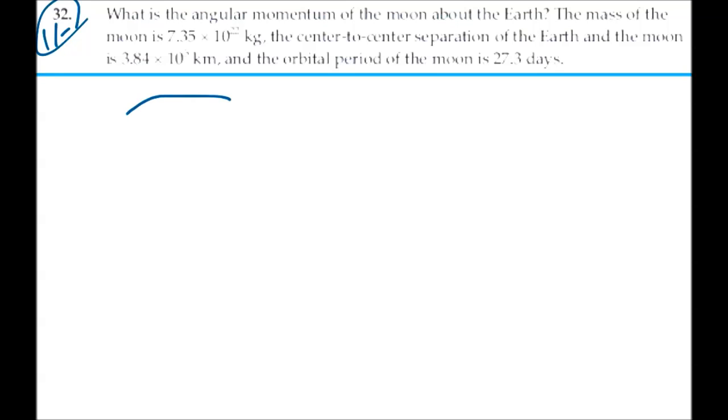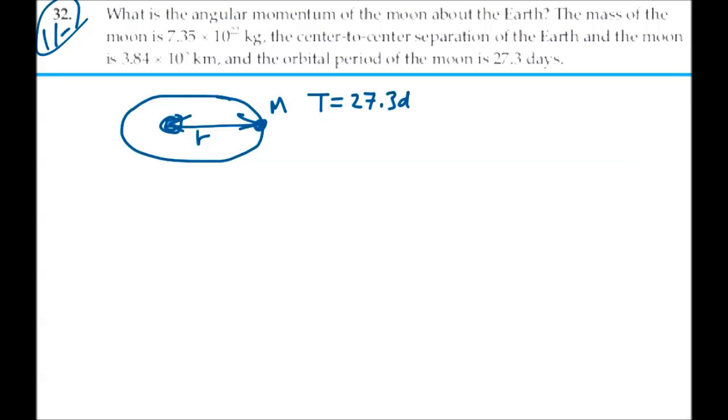Alright, so if we had an image of the Earth and the moon, we have this distance r, and we're given an orbital period of 27.3 days.